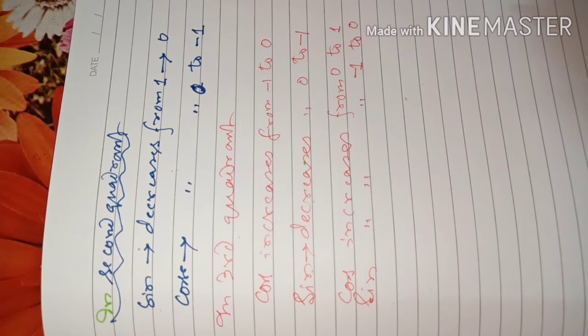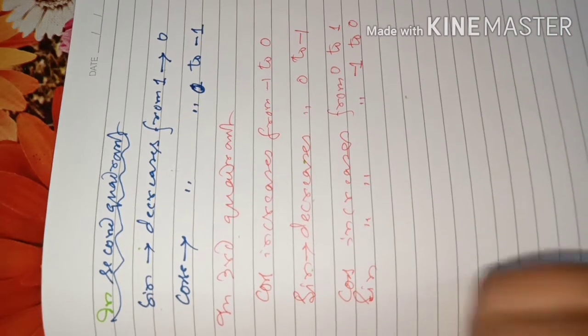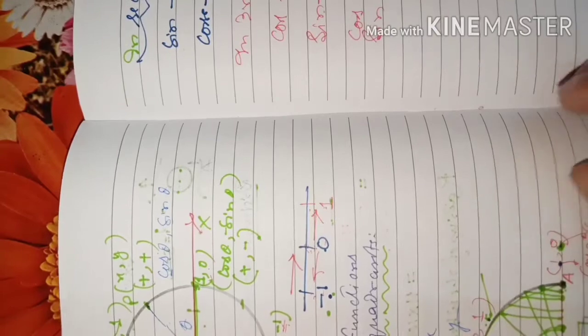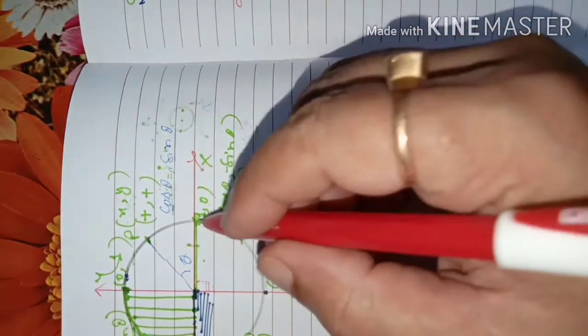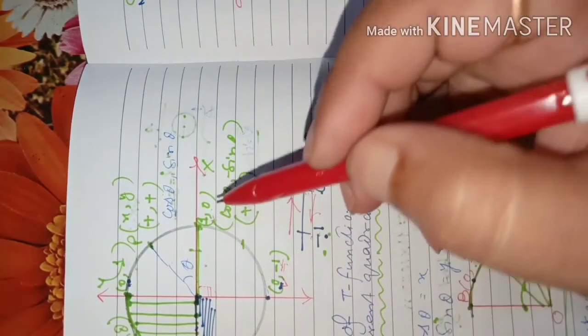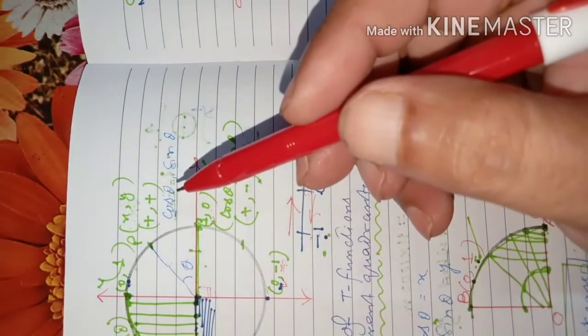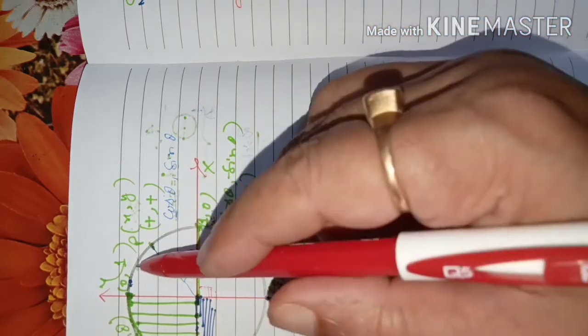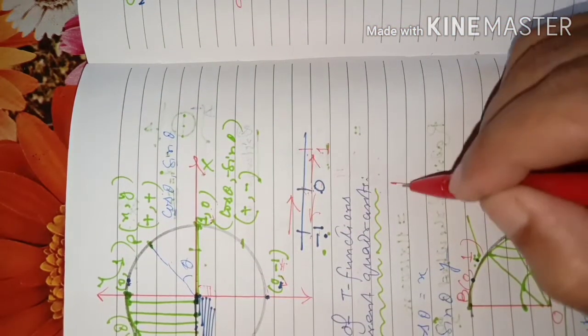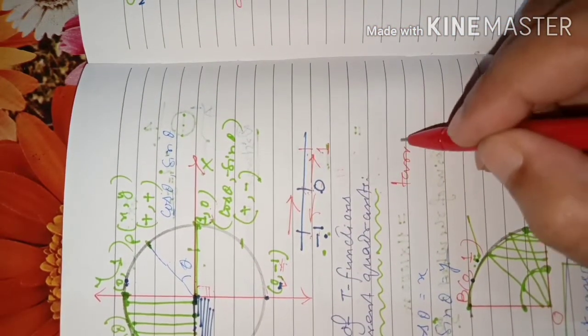Now what about the other trigonometric functions? Tan, cot, sec, cosec. Let us see tan. When you look at the first quadrant, you will realize one thing here. In the first quadrant, cos is decreasing and sine is increasing. Sine is from 0 to 1. So tan is actually dependent on sine and cos.